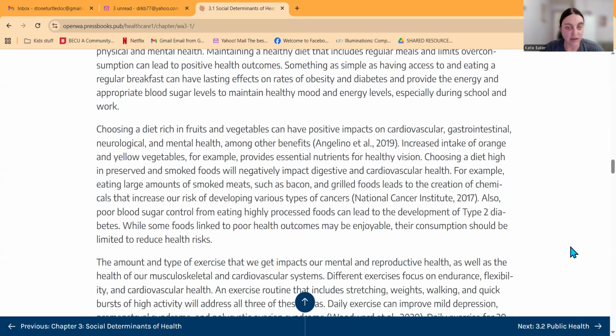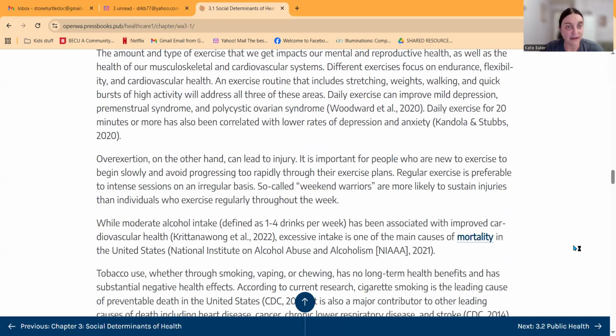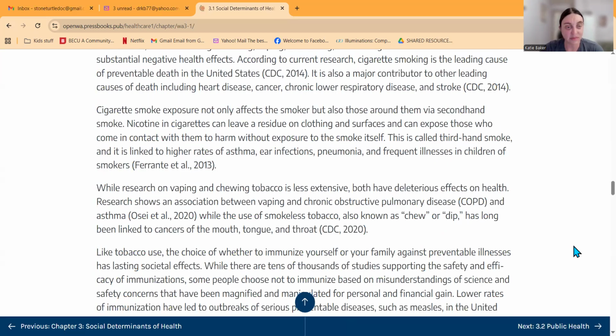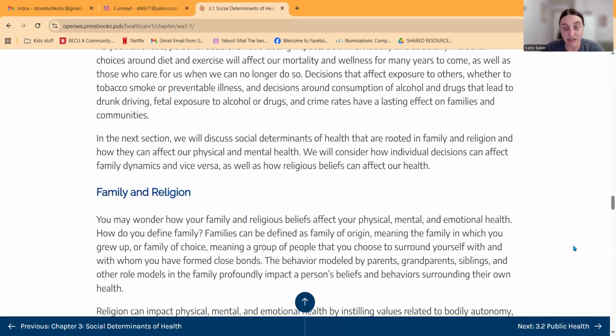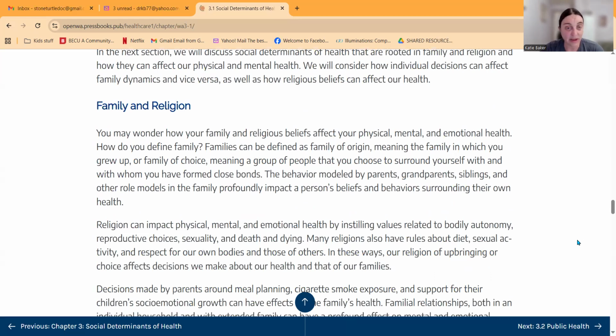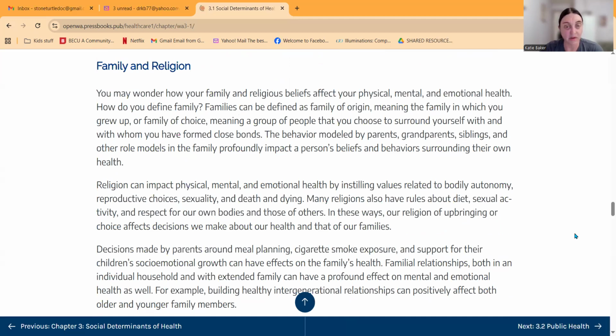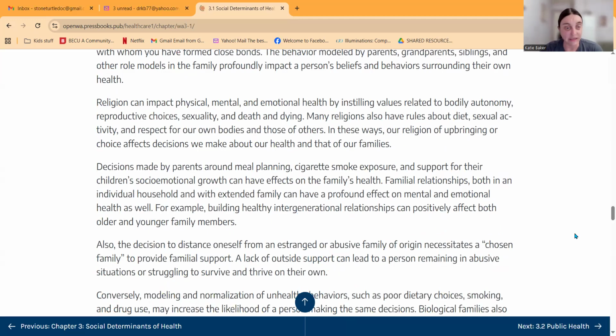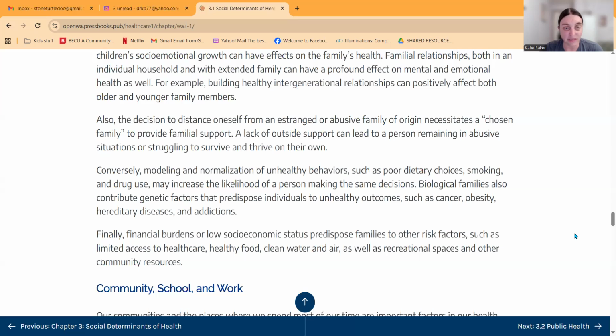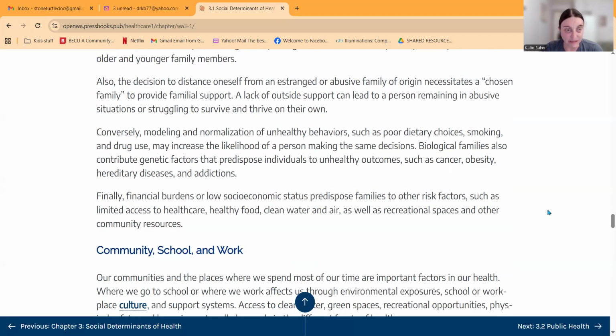So we're going to talk about personal and family choices. We're going to talk about religious norms and the impact of religion on healthcare, not only the positives, but also some of the negatives of family and religious influences.